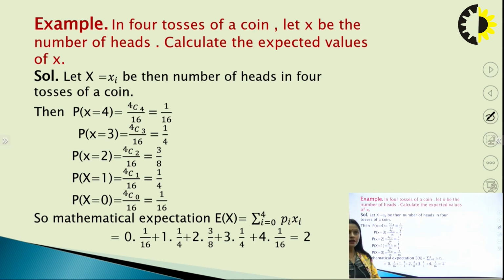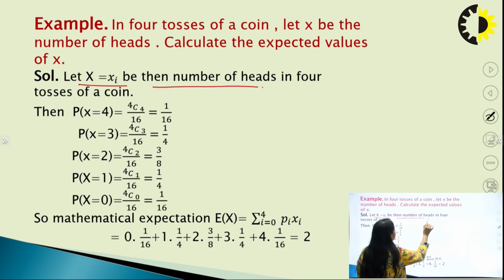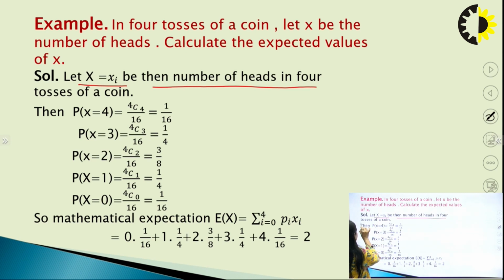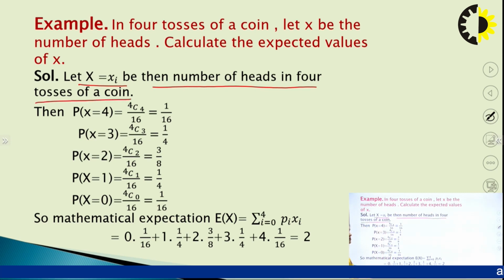Let us suppose X is the number of heads, and we want to calculate the probability of occurring head in X times. So let X be the number of heads in 4 tosses of a coin.